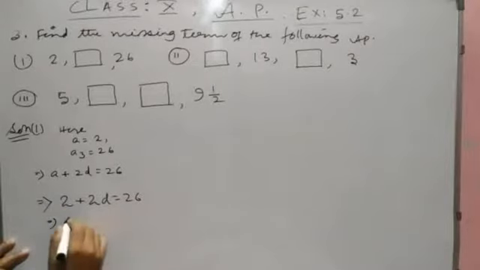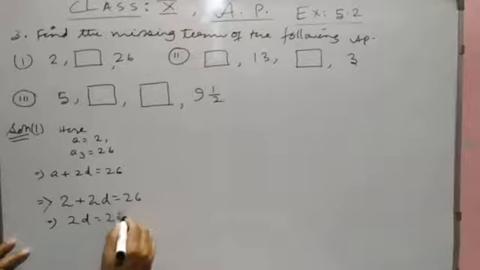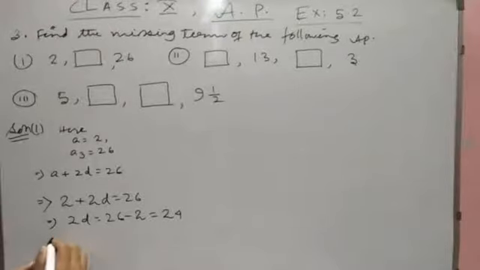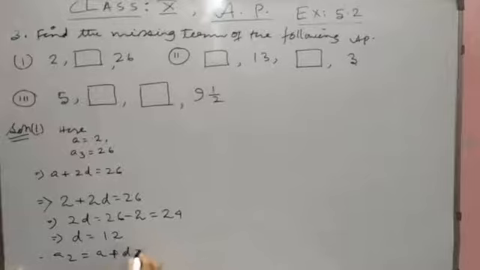Now transfer this to this side, we get 26 minus 2 equal to 24. This implies that d equal to 24 divided by 2, it will be 12. Therefore the second term is the missing term. Therefore a2 equal to a plus d. a means 2 and d means 12, that is 14. Therefore the missing term is 14.